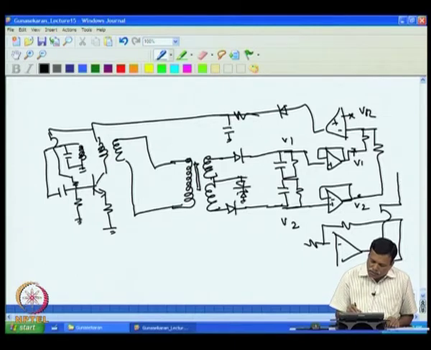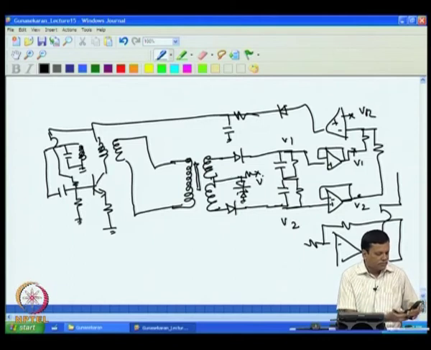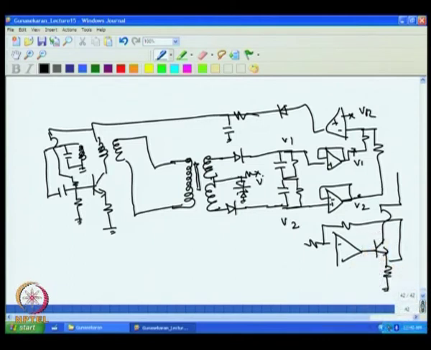Of course, this is to be biased also to the power supply V. So this is connected to V, and you have this also connected to V.